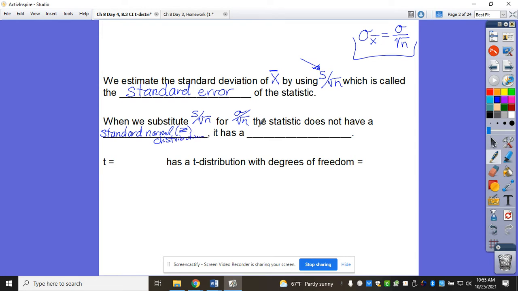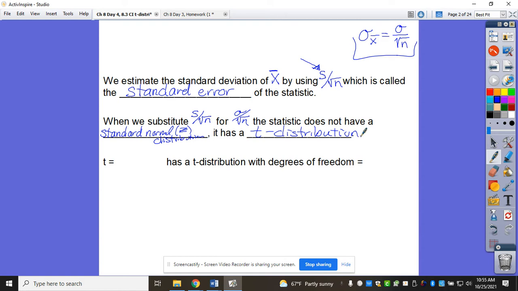It instead has a T distribution. And what a T essentially does is account for the fact that there is error. Anytime we use standard error, there is going to be error, and the T accounts for that. So the T is a little bit more conservative. So we're using S and T when we don't know.